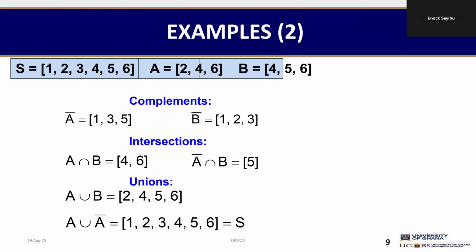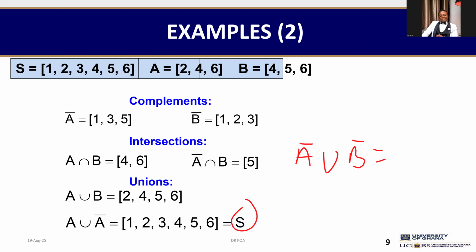But the complement of A and the complement of B is not necessarily the universal set. What you have here is true, but that is not the same as A complement union B complement.